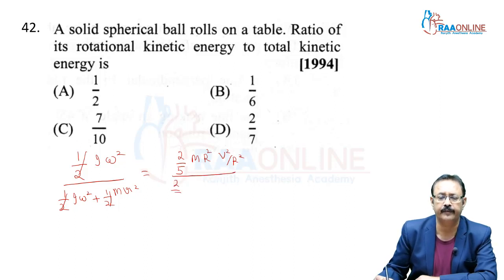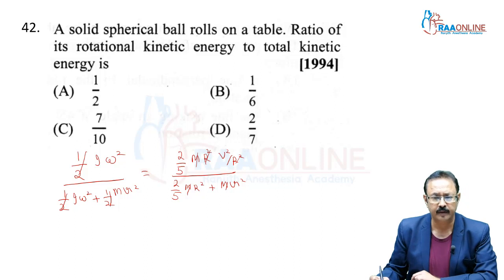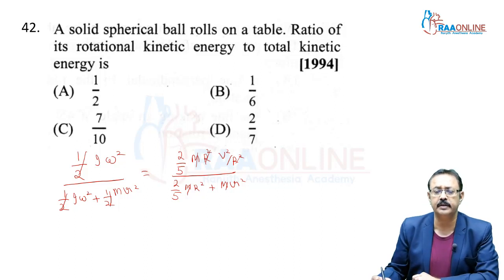So 2 by 5 m r square into v square by r square, divided by 2 by 5 m r square into v square by r square plus m v square. Cancel m, cancel this r square with this r square, and cancel v square also.